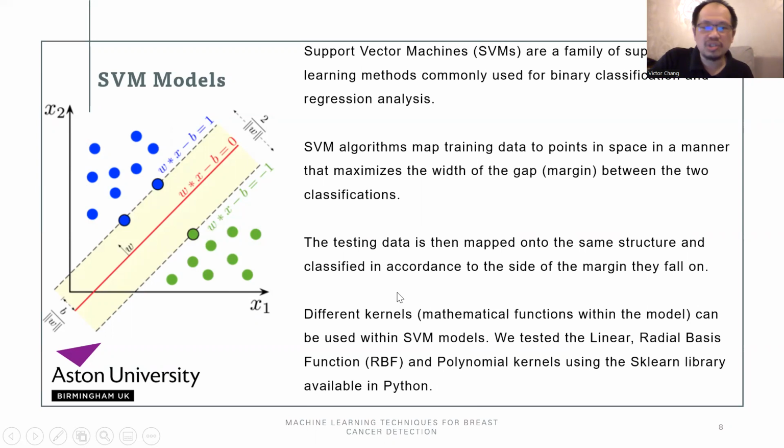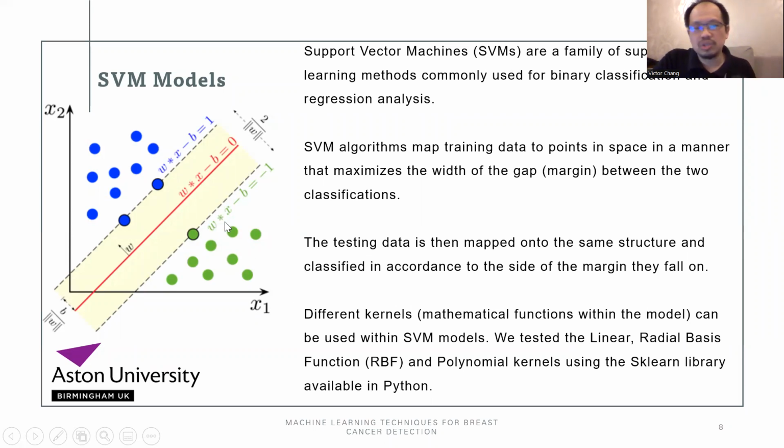The testing data is then mapped onto the same structure and classified in accordance with the model that performed the training. Different kernels can then be used within SVM models. We can test with the linear, radial basis function (RBF), and polynomial kernels using the sklearn library available in Python.